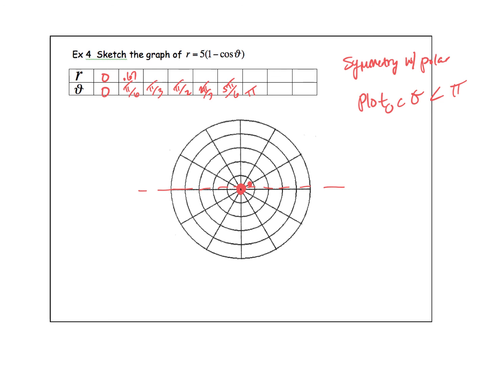When I go to pi over 3, I have my 1/2. 1 minus 1/2 is 1/2, times 5 is 5/2, or 2.5. So now I'm at 2 and a half. I'm right there. When I go to pi over 2, I have a 5, because cosine is 0, so I'm just left with 5 times 1.